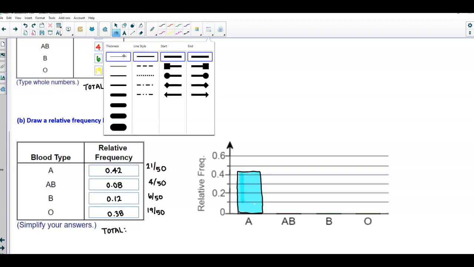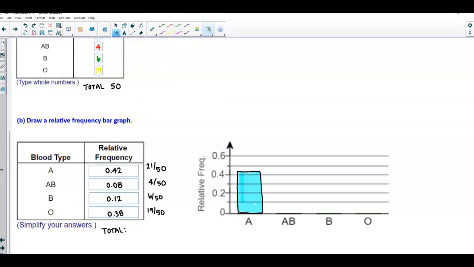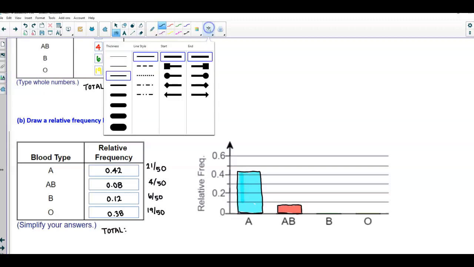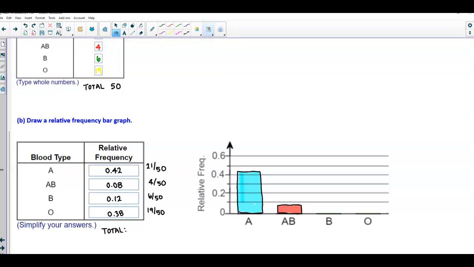Okay, next we're going to go 0.08. So it's going to go up just a little bit right here to 0.08. And that represents blood type AB. The next one is 0.12, so maybe a little bit higher than that since it's 0.12.